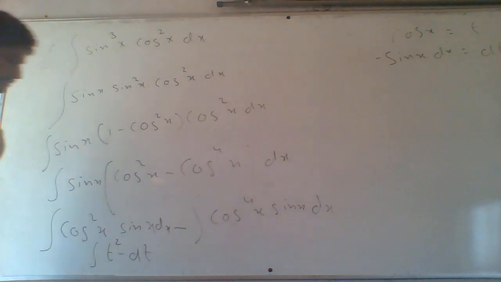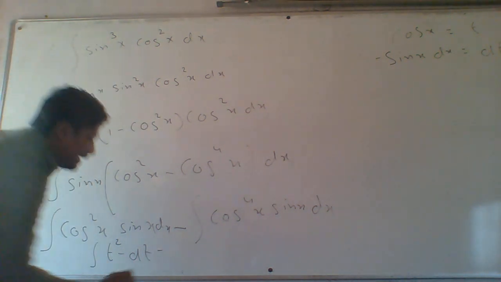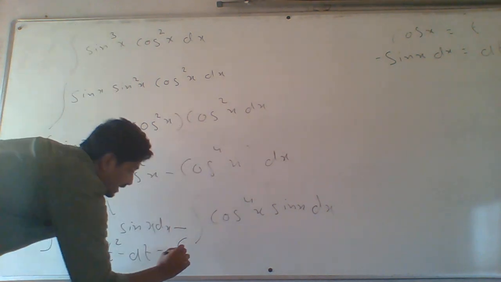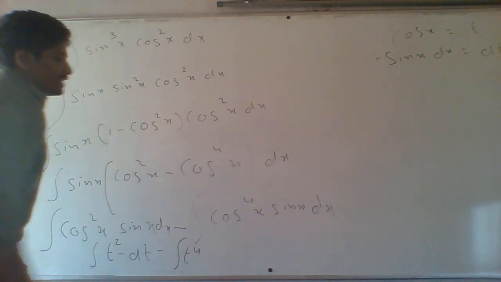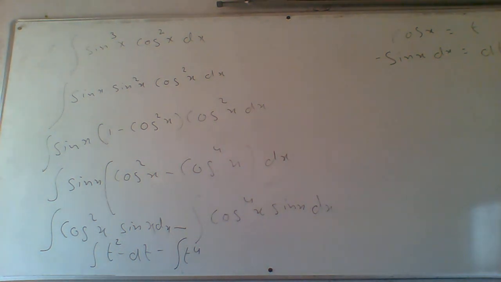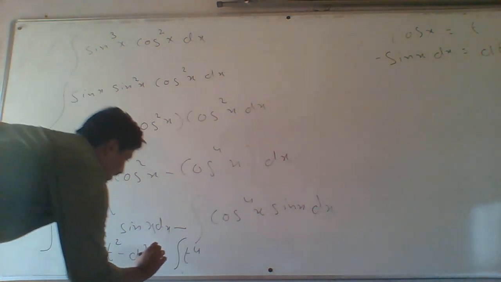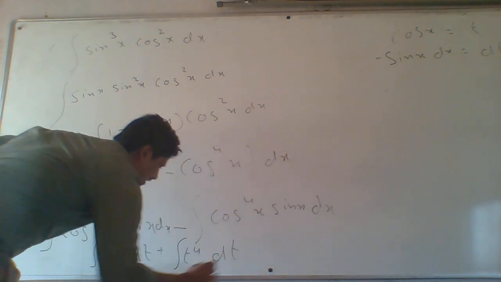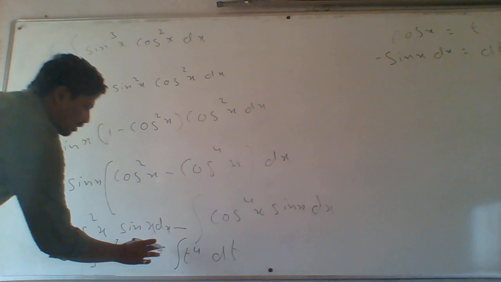Minus dt, minus integral, in the place of cos x, t power 4, in the place of sin x dx. What you have tried is minus dt, it will become plus dt. Otherwise take minus common at a time.